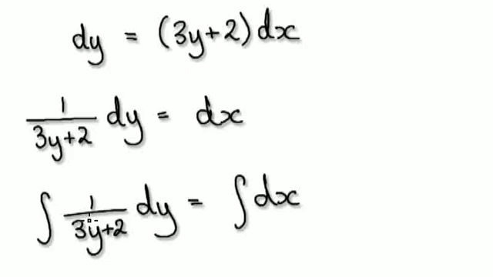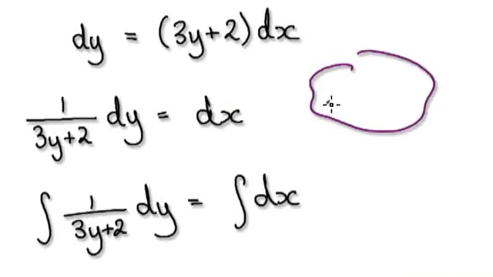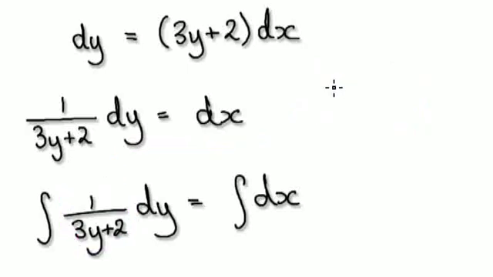Okay, so once you're here, you have to think, well, for you to find the antiderivative of this, you're trying to think of something that when you differentiate it, it will give you this. Okay, so your guess should be something like this: natural log of something. So your guess should be 3y plus 2.